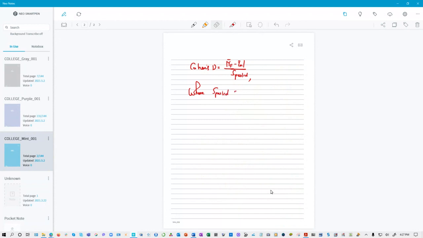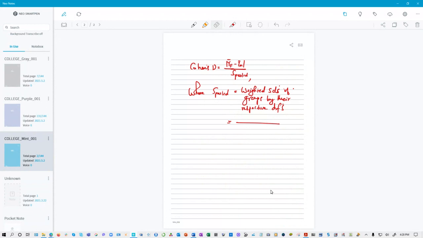S pool is nothing but the weighted standard deviation of the groups by their respective degrees of freedom.